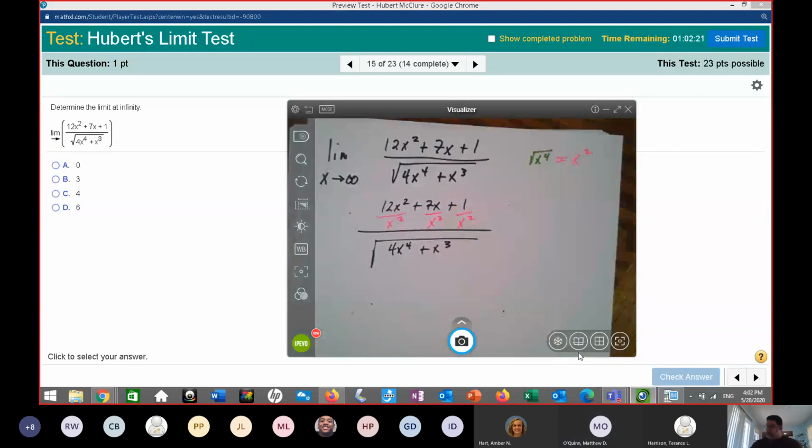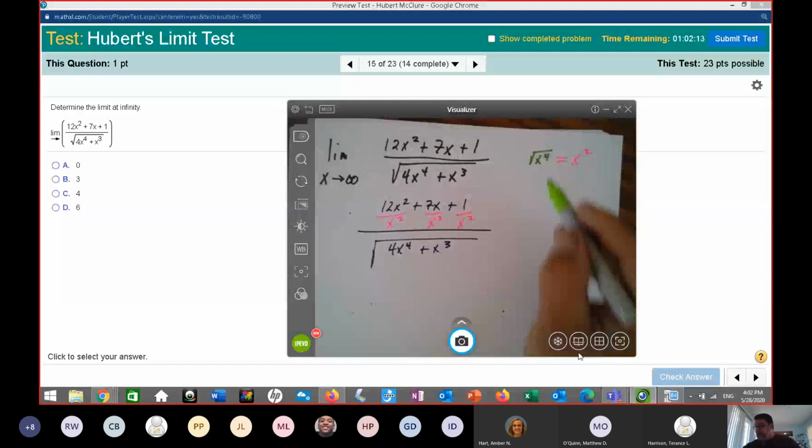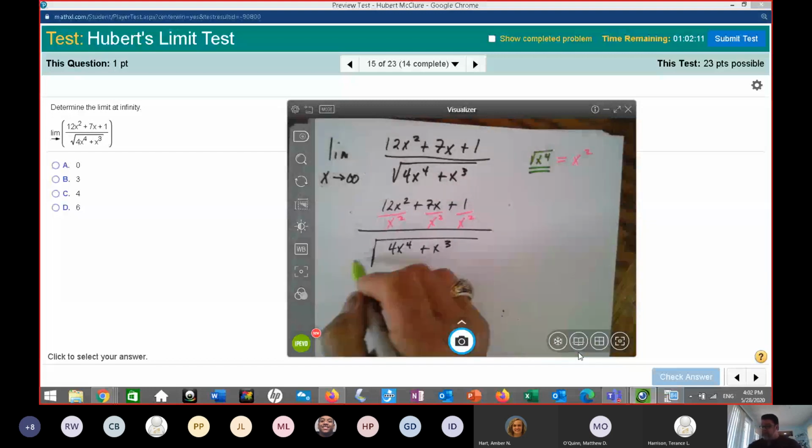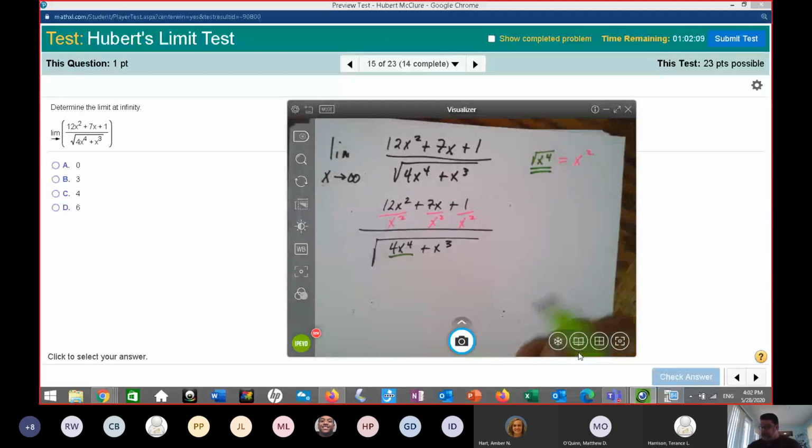And the bottom, because I can't multiply 1 over x squared across, but I can multiply the square root of x to the 4th times this, or 1 over x to the 4th, and that gives me an x to the 4th there, an x to the 4th there.